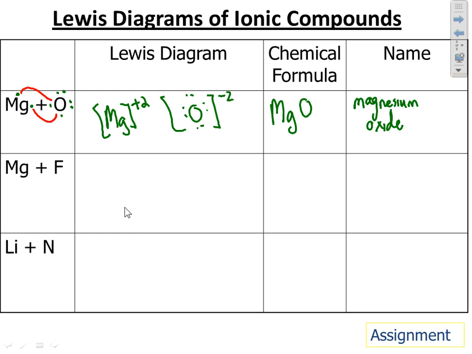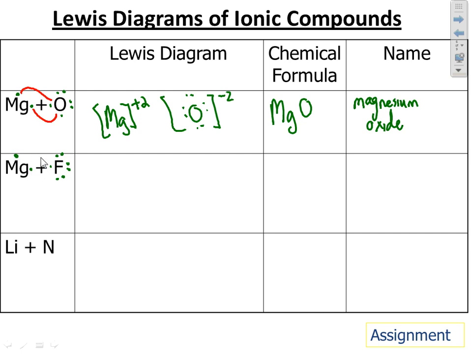All right? Let's do another example. Again, magnesium, 2. Fluorine is in group 7 or 17, and you'll check that out. You'll find there's 7. So now notice, fluorine only needs 1, and magnesium needs to get rid of 2.